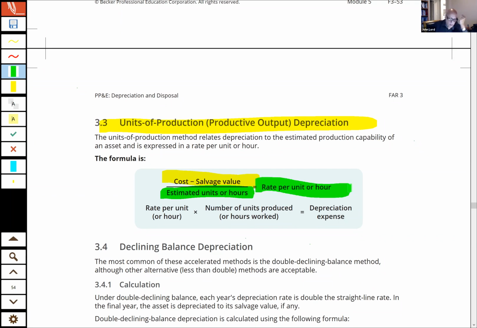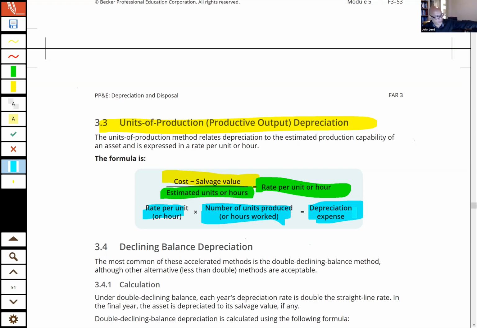That gives you a rate per unit or hour. Then you multiply that rate by the actual number of hours used or units produced, and that makes your depreciation expense.